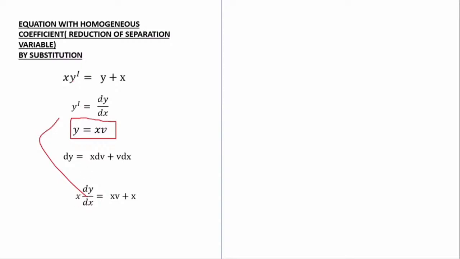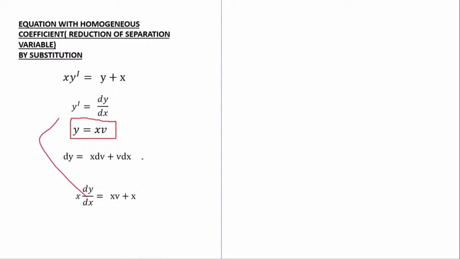If you check this equation, it's the same equation here, as you know that x y prime is the same as x dy dx. And as we've substituted y with xv, it's the same equation, just that we've done some substitution.